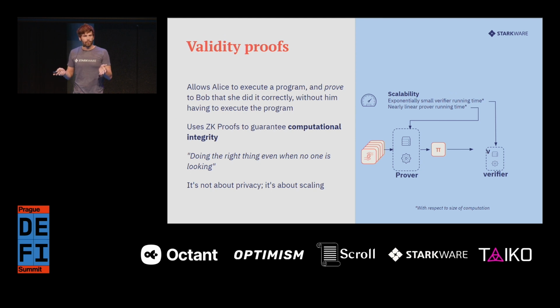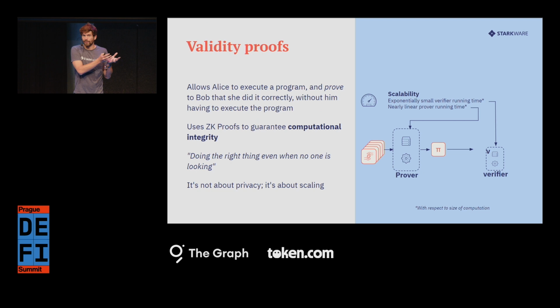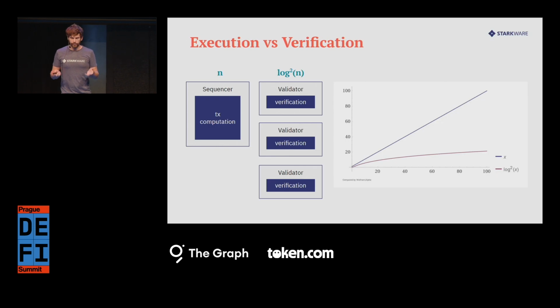So in other words, it allows person A, Alice, to execute a program, and it allows person B to verify that the program was executed correctly, and trustlessly exploit the result, because they know mathematically that this is what the program yielded.